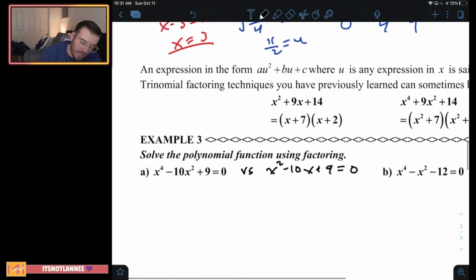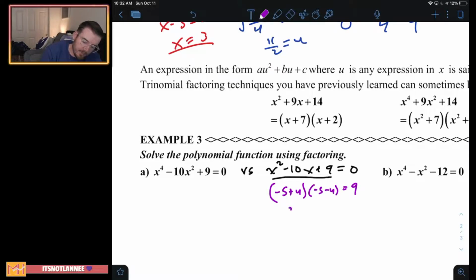So if I were to solve this guy, again, I'm going to use my U method for the sake of consistency. Negative 10 divided by 2, I'm just going to write that as 5. Plus U, negative 5 minus U equals 9. So 25 minus U squared equals 9.